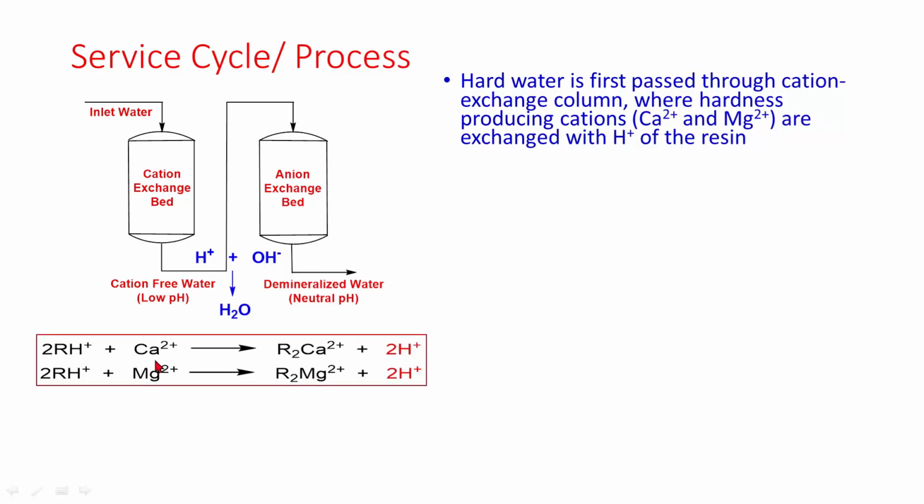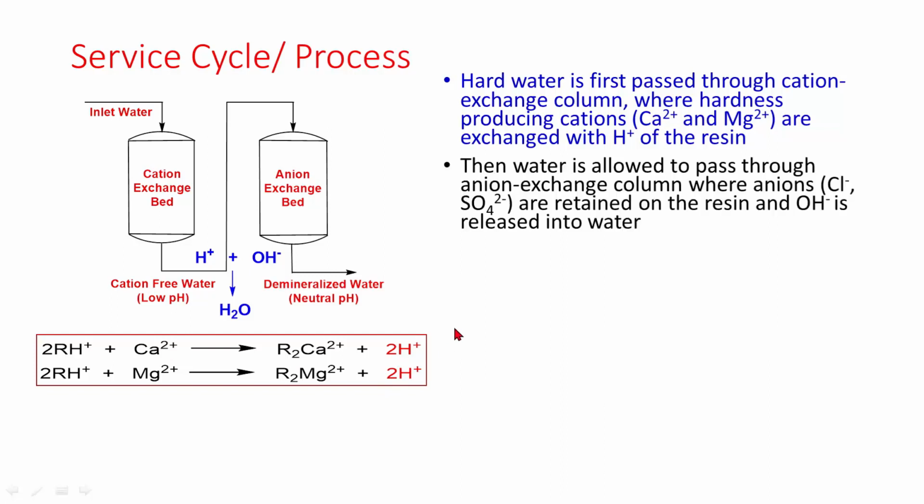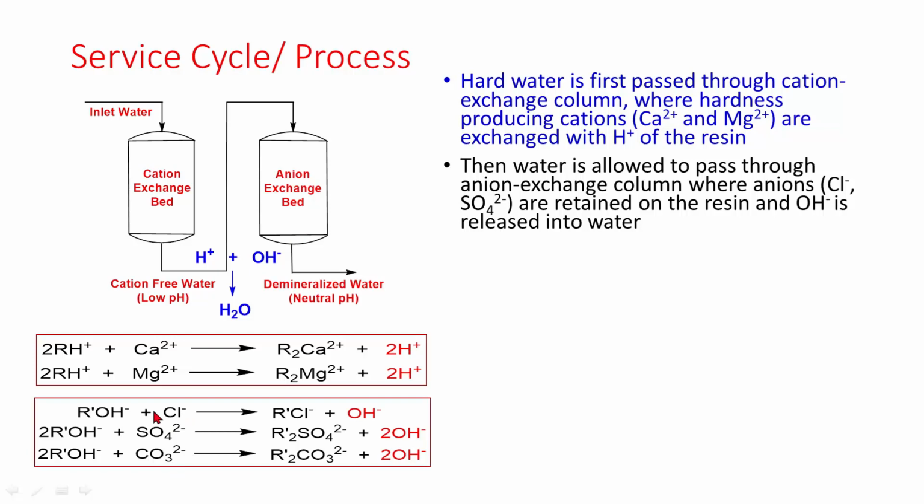Calcium and magnesium ions are exchanged with H ions of the resin. Then water is allowed to pass through an ion exchange column, where anions present in water are retained on the resin and OH ions of the resin are released.